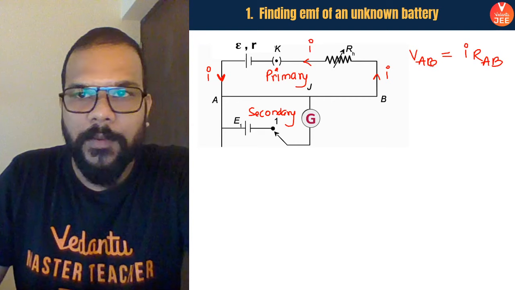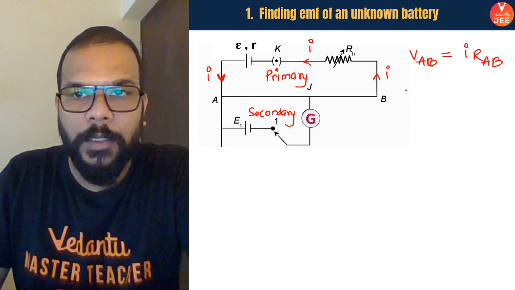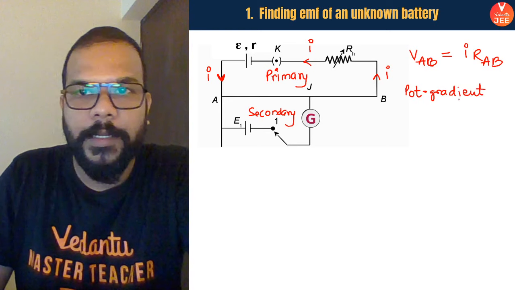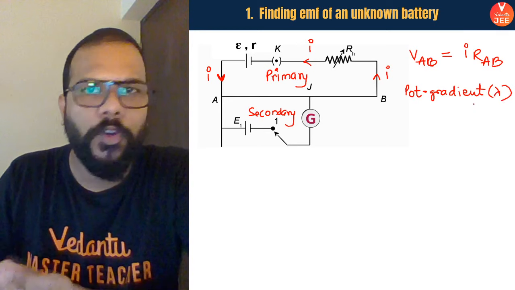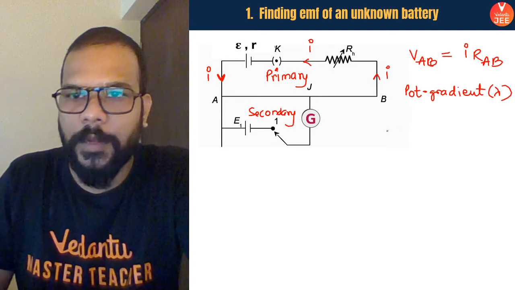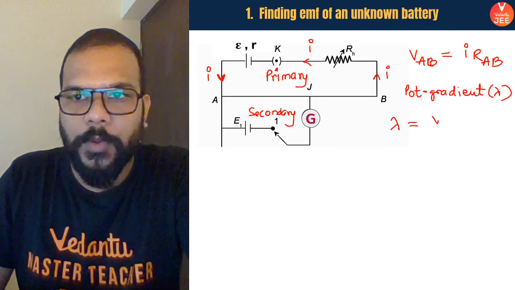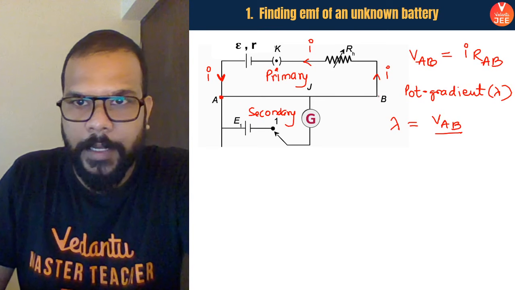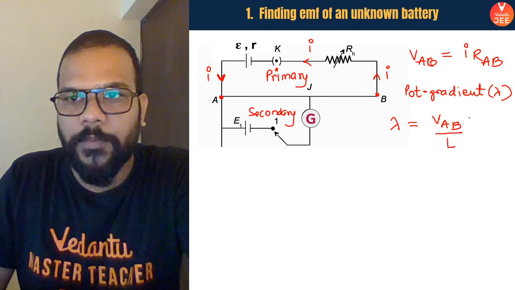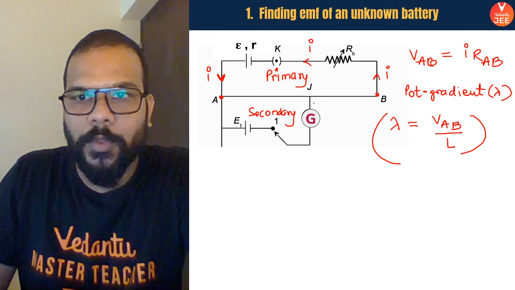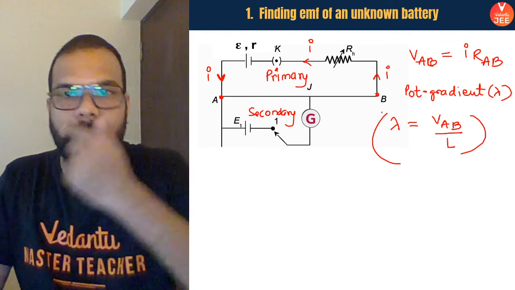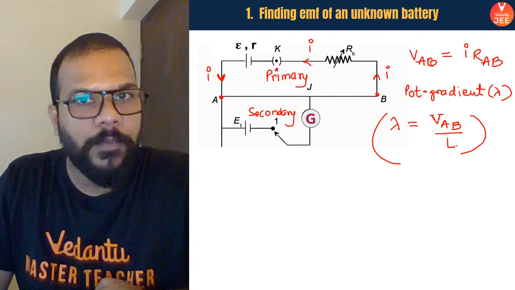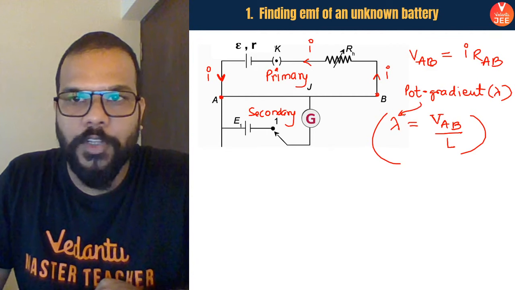If we get the value of VAB, we can find the potential gradient. If we define the potential gradient as lambda (we wrote it as x last time, but you can write it as lambda also), then lambda is the total potential drop on wire AB divided by the length of that wire. If the total length of the wire is capital L, then dividing the potential drop on the wire by the length gives the potential gradient.